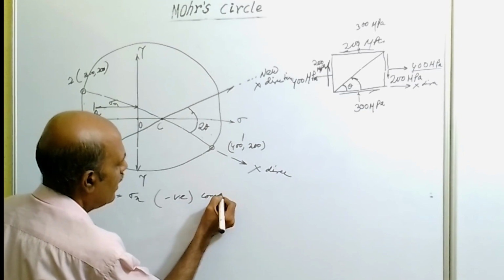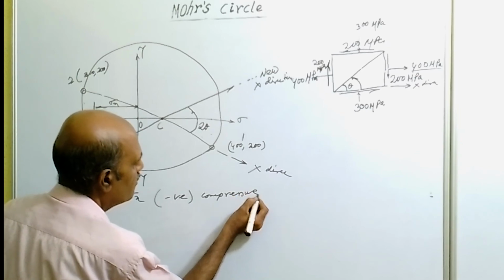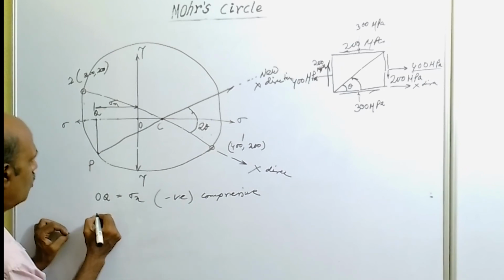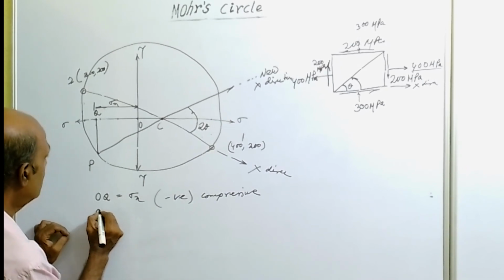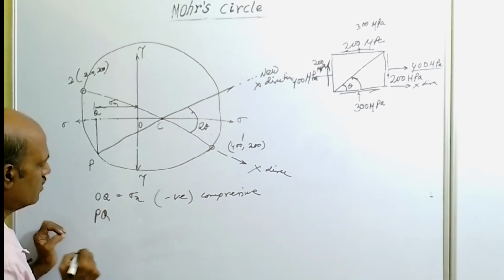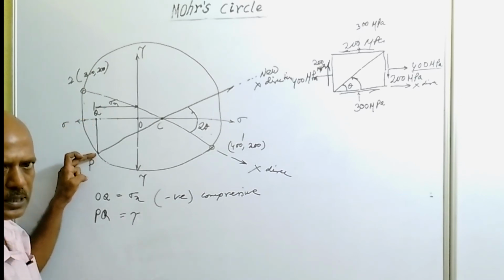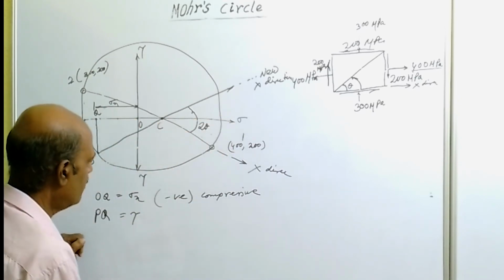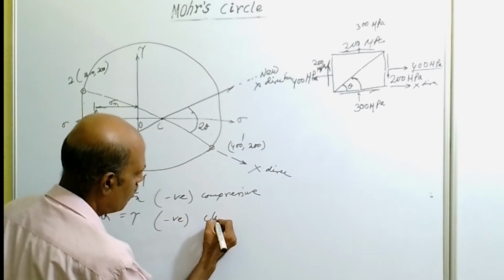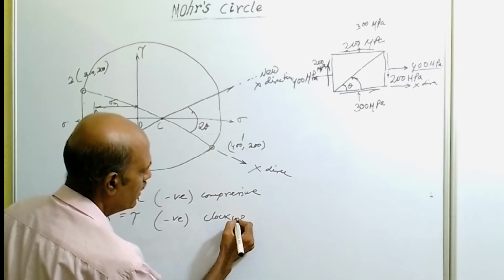And measure distance PQ, that will give you tau. Here you can see the tau value is underneath this axis, so it is also negative. Negative means it is in clockwise sense, so tau is clockwise.